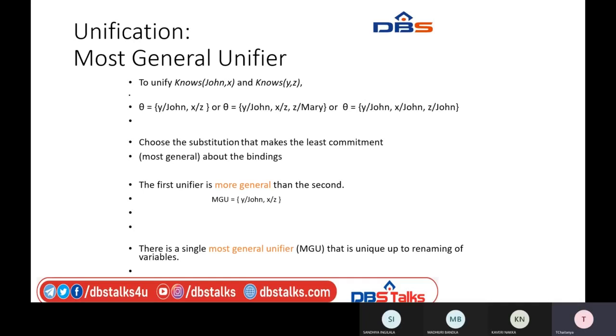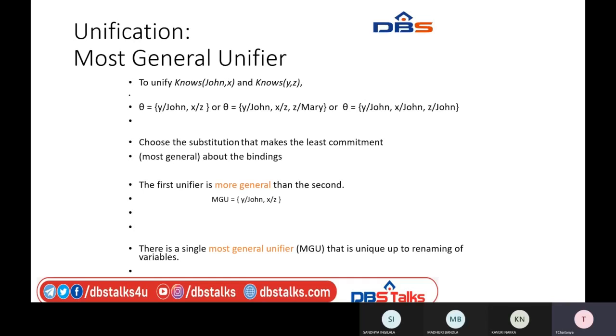This is a single most general unifier; MGU means most general unifier. These are the most general unifiers to resolve these two clauses. How many variables are there?